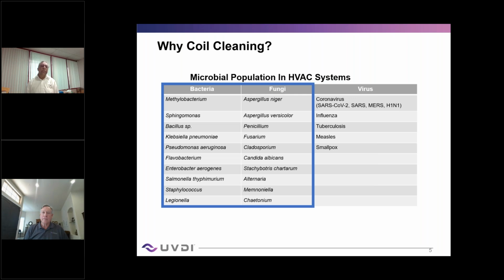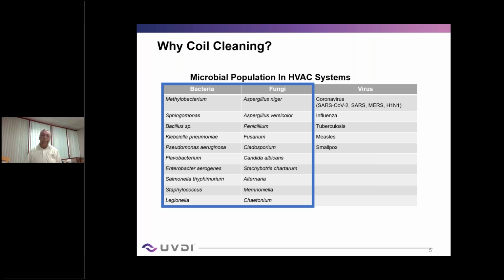The most common ones, which we've heard of, and when you do some testing, you will see Pseudomonas aeruginosa, you would see staph, and of course, Legionella has been a problem. It's coming from the cooling tower through the water supply. Cladosporium has been identified. Aspergillus has been identified. Stachybotrys has been identified as well. The viruses we'll talk about in the next webinar topic, where we talk about airstream.